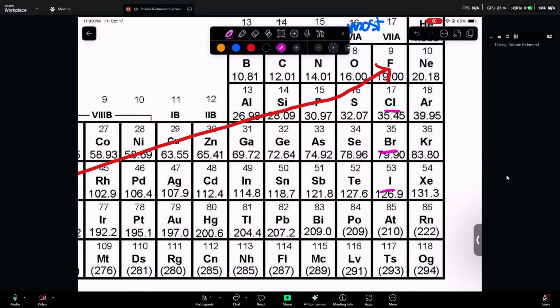I see that fluorine is up here, that's the most electronegative, while iodine is least electronegative, and it goes decreasing from fluorine to chlorine, then bromine is less electronegative than chlorine, and then iodine is less than bromine.